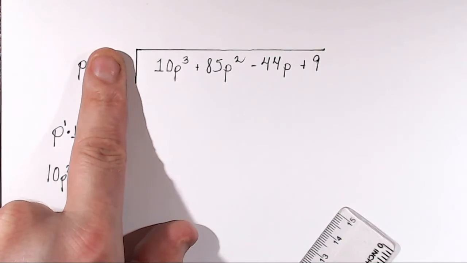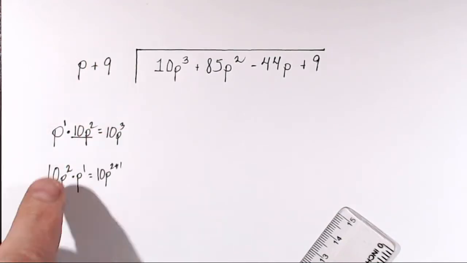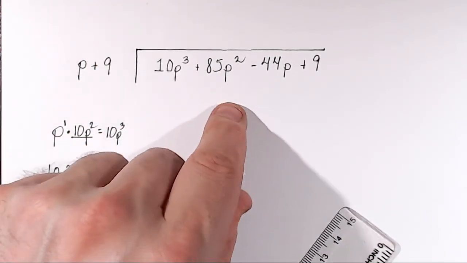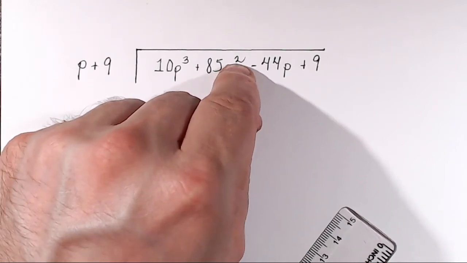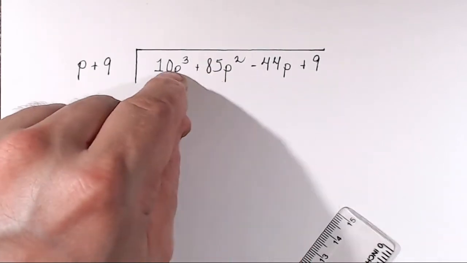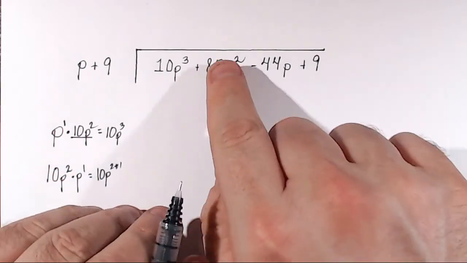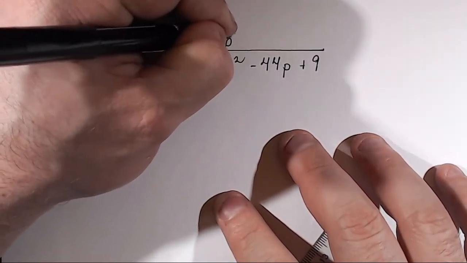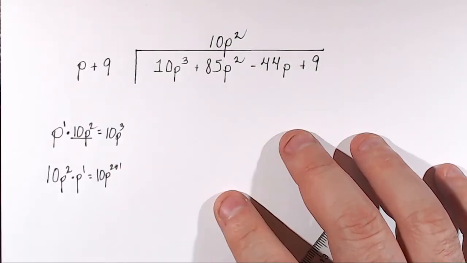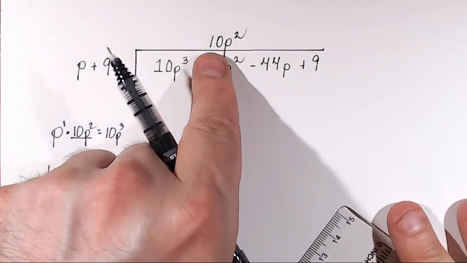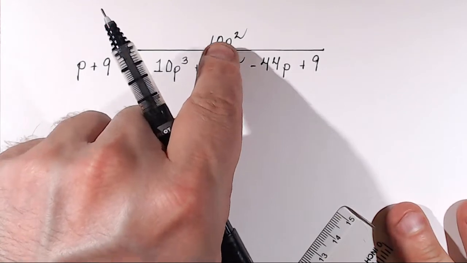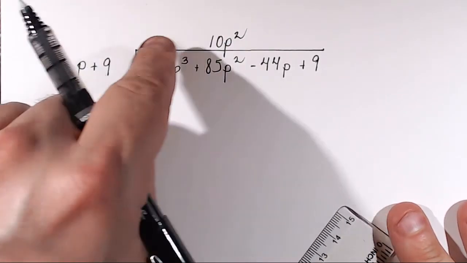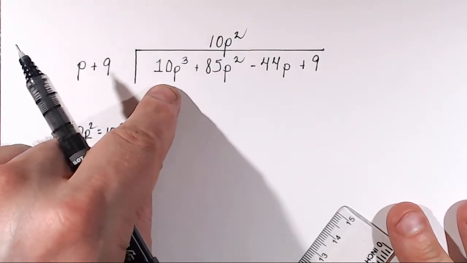The answer was 10p squared. Where do I put that? I put it directly above wherever I see the squared term underneath the division symbol. So I'm going to put 10p squared right here.